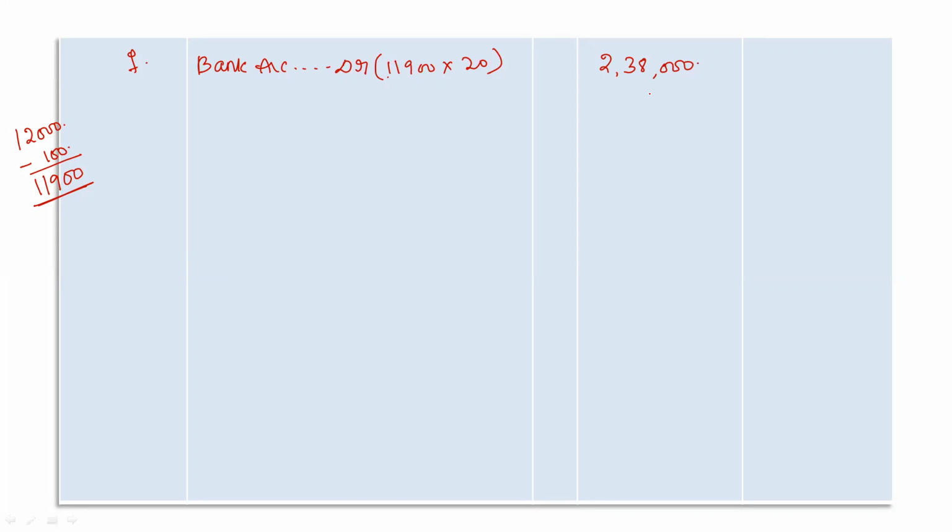Now there is a call scenario in first call. I told you there is a call scenario. Mr. A is not paying the first call amount for 100 shares. So it's a loss for the company. When there are any expenses or losses, we debit them.